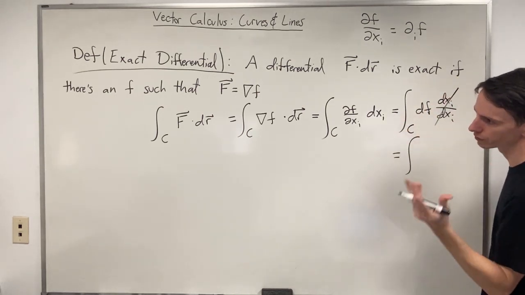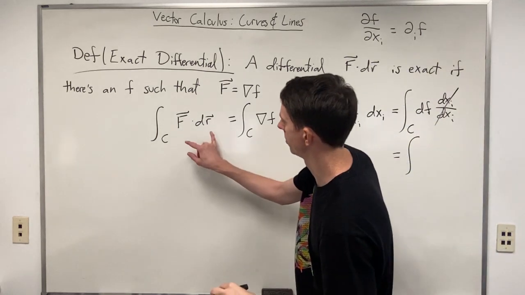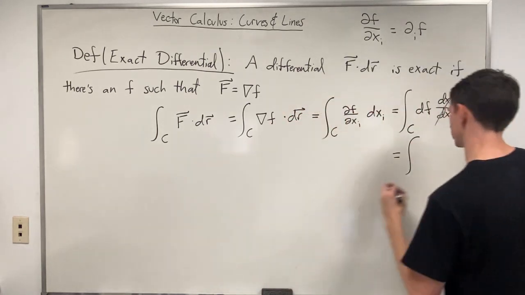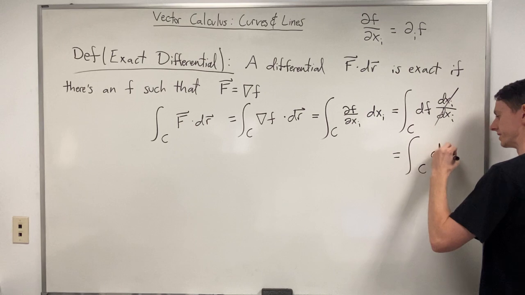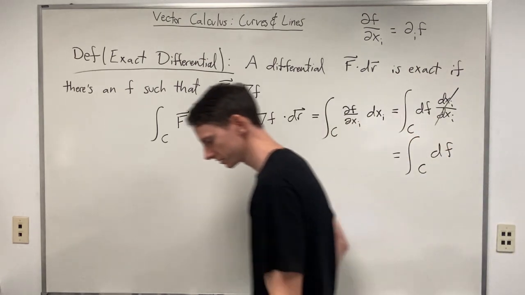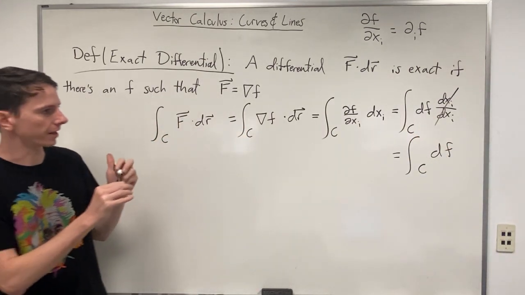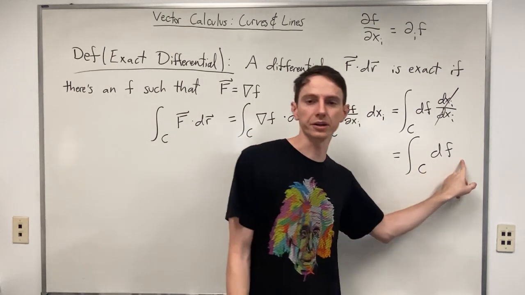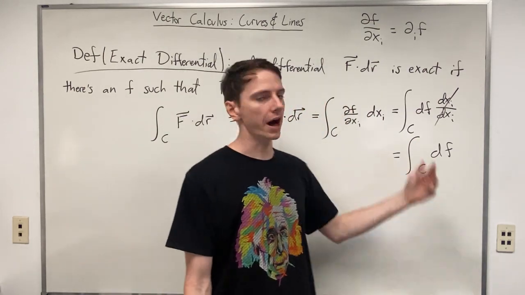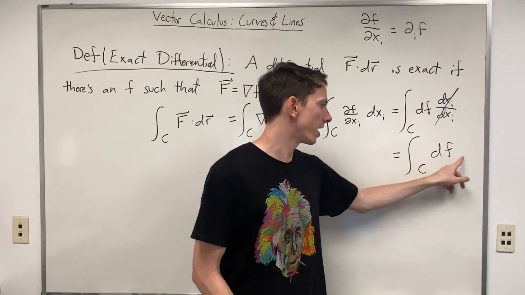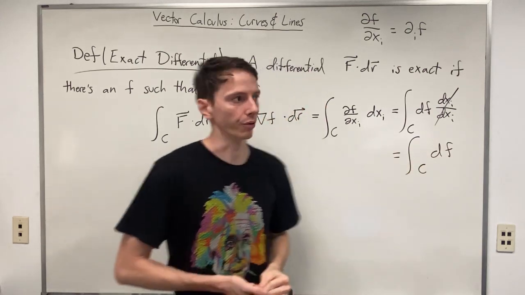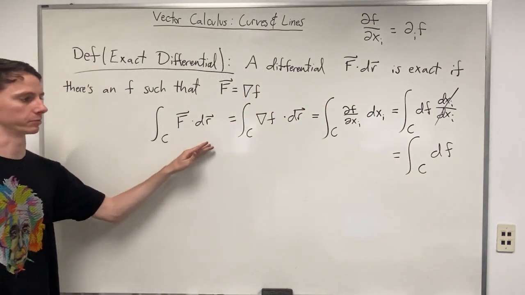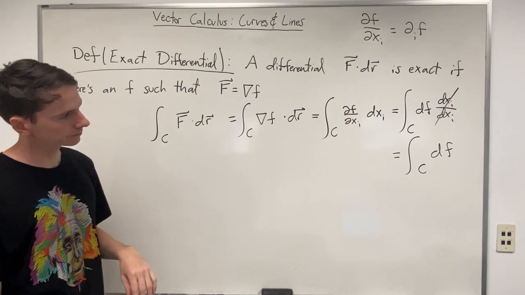So another way of writing this line integral here is just the integral of df, like this. And that kind of makes sense, right? If you're just integrating a quantity df, then the ultimate value is just going to be f at the endpoint minus f at the starting point, which is what you get if you perform this line integral, right?